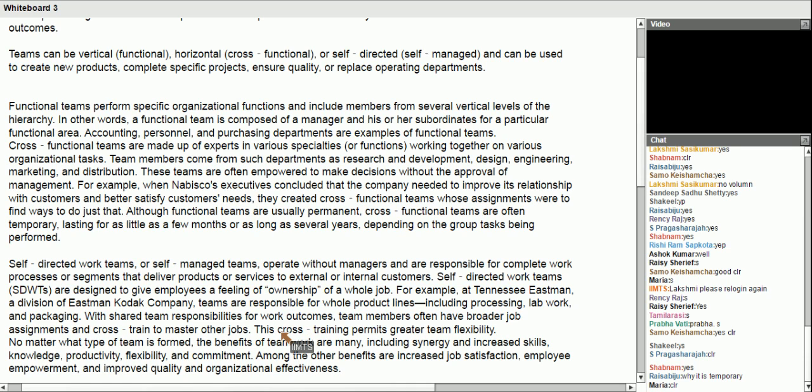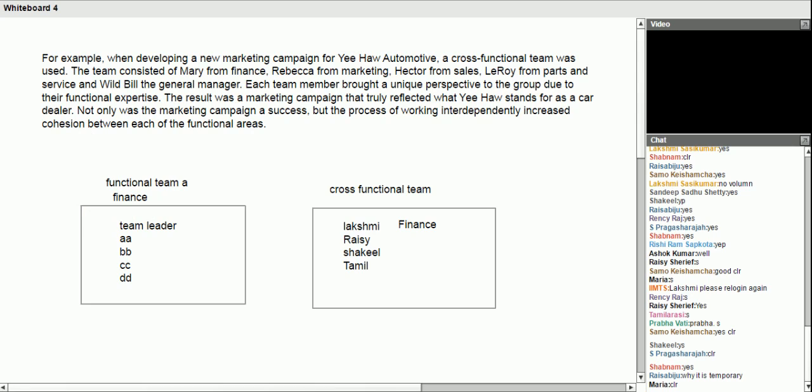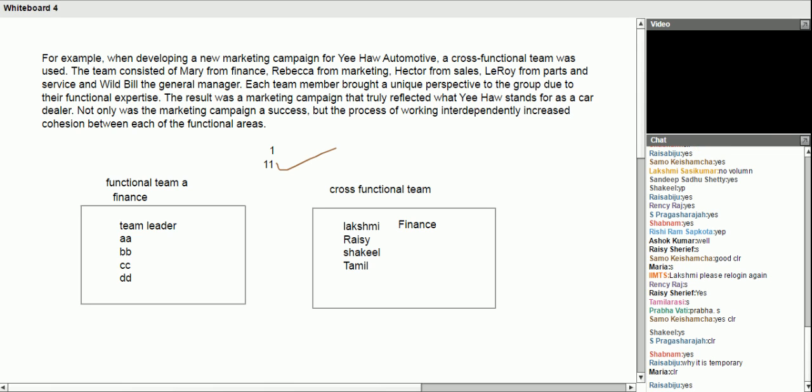No matter what type of team is formed, the benefits of teamwork are many, including synergy and increased skills and knowledge. If many people come together, one plus one is better than one, right? See, this is 1, and if there are two 1s, it makes 11.